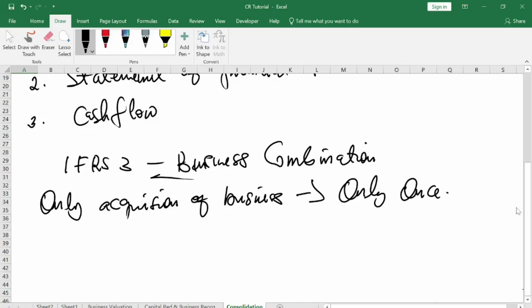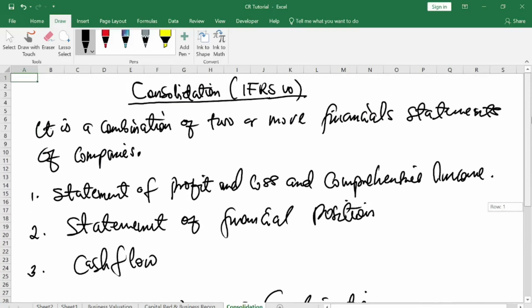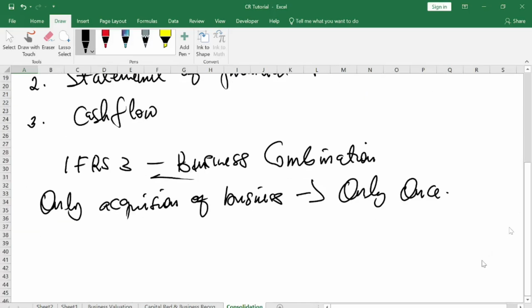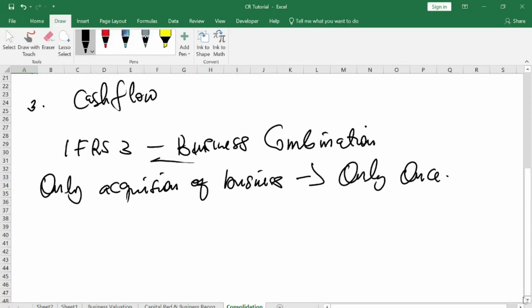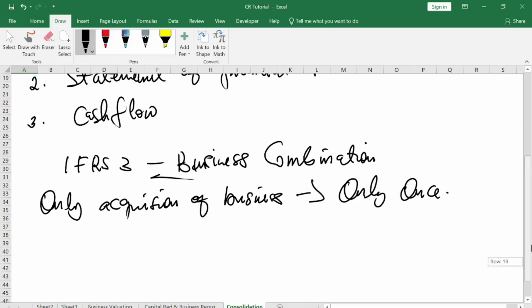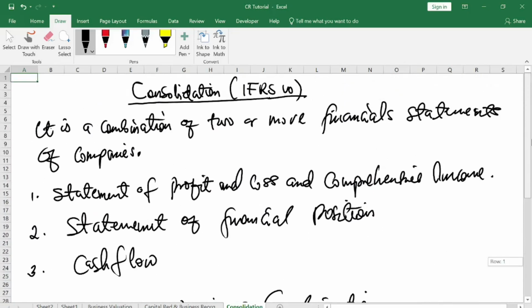The IFRS 10 is on ongoing activities, operations. Every year you consolidate businesses under IFRS 10.